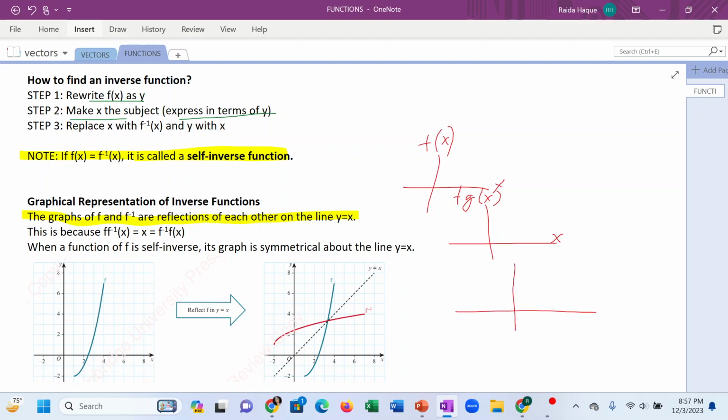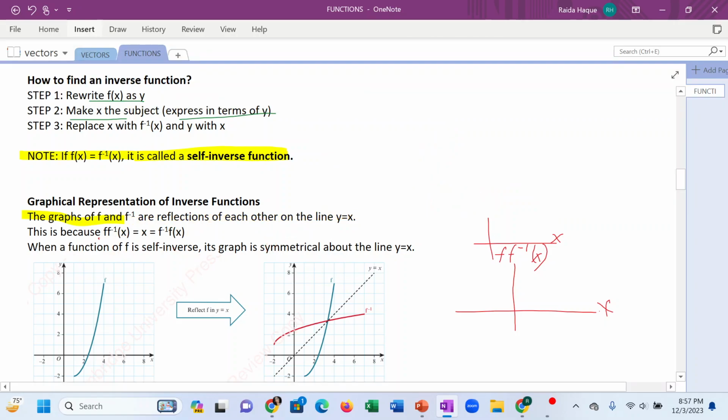Similarly, if we are drawing a graph of f inverse x, we put f inverse x in the y-axis and we put x in the x-axis. So, when we are graphing, we can say that f inverse x is equal to y, f inverse f(x) is also equal to y. So, the line of symmetry is y equals x. I hope that is clear.